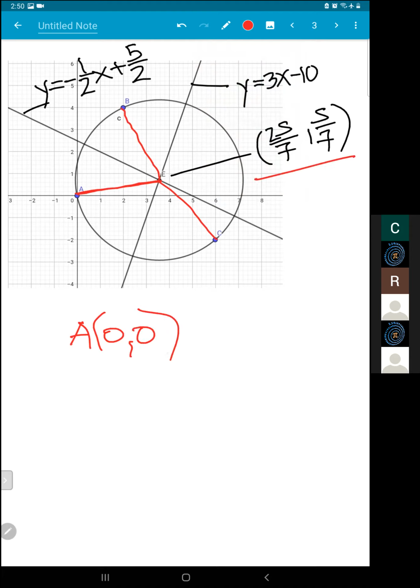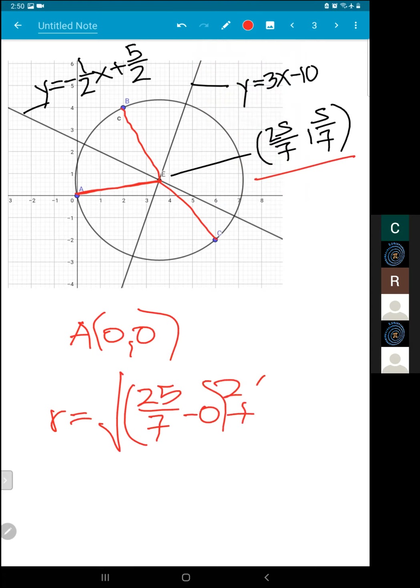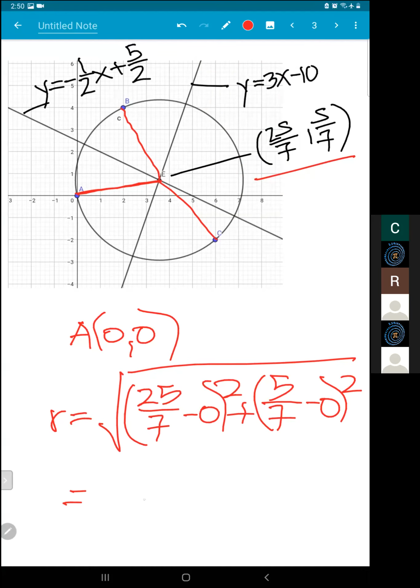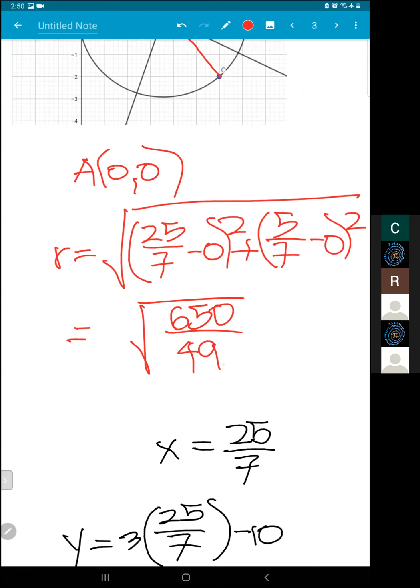And this one. Distance formula. You can use your calculator to just simplify this quickly. Okay. And then center-radius form.